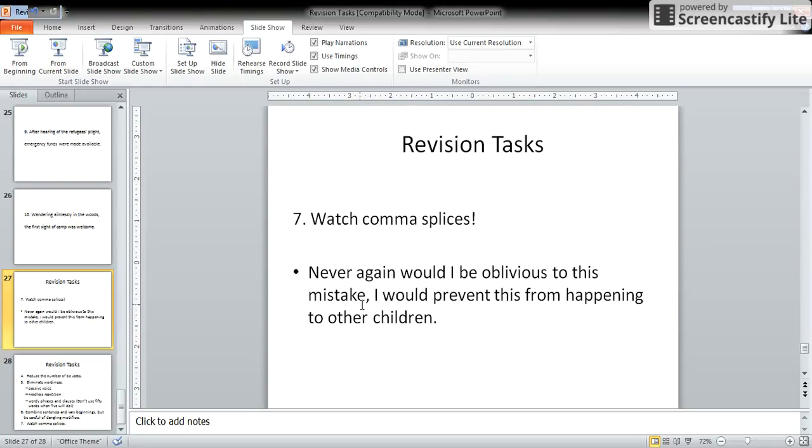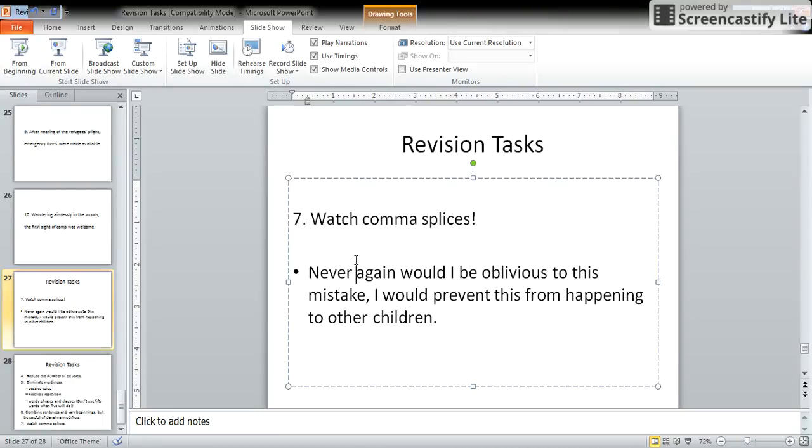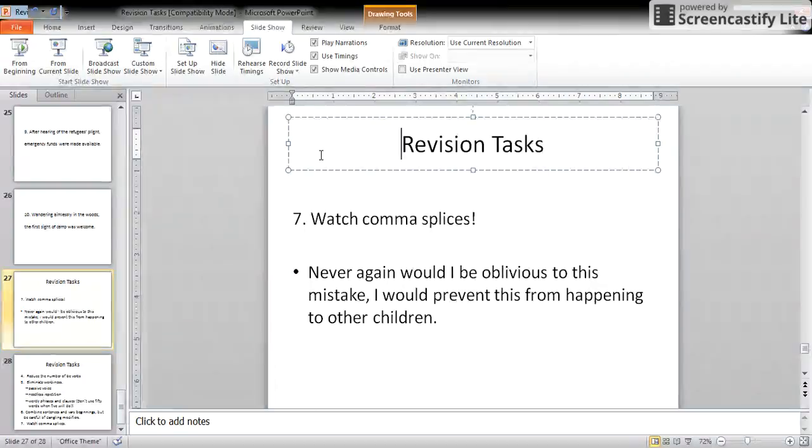This comma is trying to join what are two independent clauses. An independent clause is simply a fancy word for a complete sentence or a complete idea. So "never again would I be oblivious to this mistake" is a complete thought. "I would prevent this from happening to other children" is a complete thought. You can't join two independent clauses with just a comma.